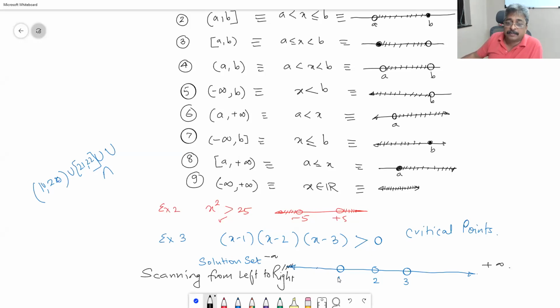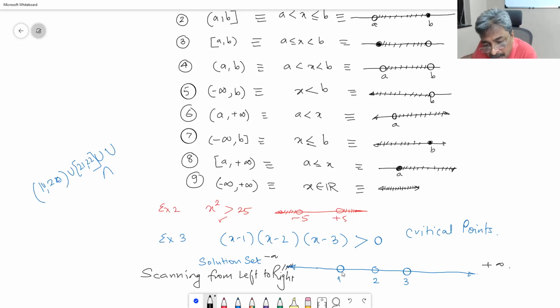I reach 1. Now it is time to figure out whether 1 is going to be a solution or not. If I put x = 1 everywhere, I will get this factor 0, making everything 0, but it is a strict inequality. 0 is not greater than 0; 0 is equal to 0. Therefore, it is still false, so x = 1 is also not a solution.